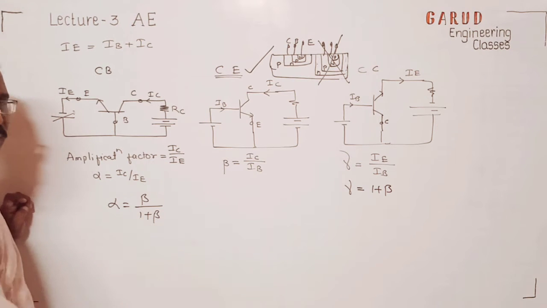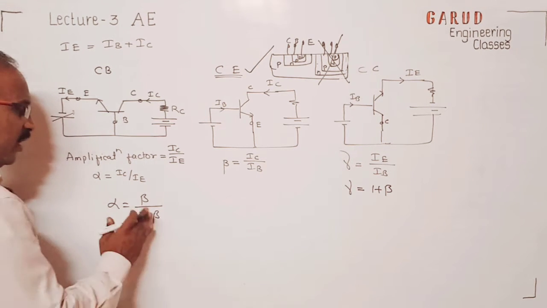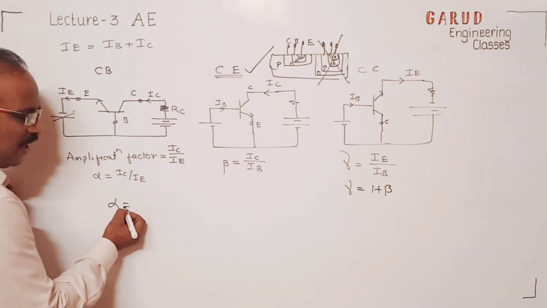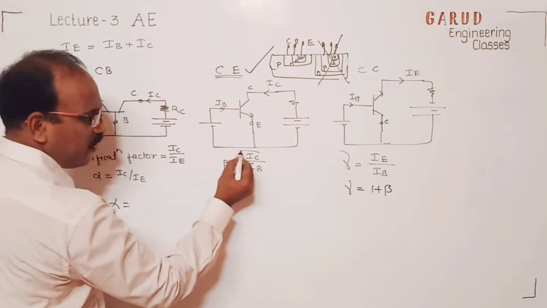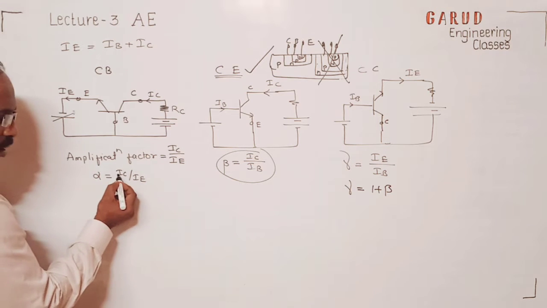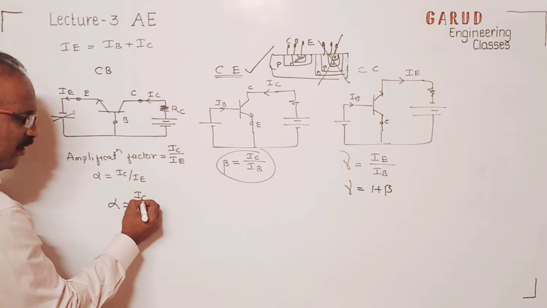Then we have to write it this way. But is there any formula to do this? Yes, that is the conversion. I will tell you the derivation of how to convert. If you want to convert alpha in terms of beta, what is beta? Beta is IC upon IB. Here, this is alpha, right? This is IC upon IE.